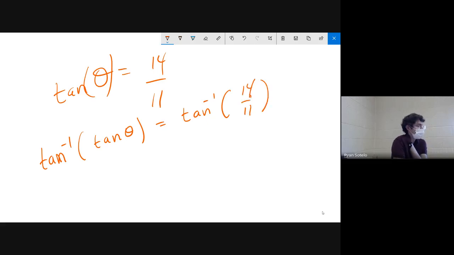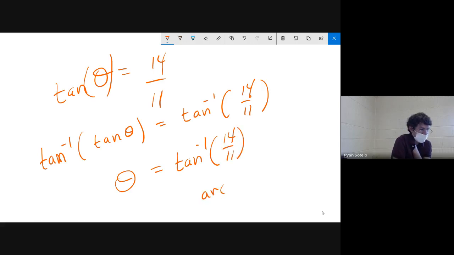So the inverse tangent will undo the tangent, and that'll just give me theta on the left, the angle. Whereas this is something I can put into my calculator, inverse tangent of 14 over 11. Another name for inverse tangent is arctangent. Those are the same thing. So depending on what calculator you have, it might say one or the other.